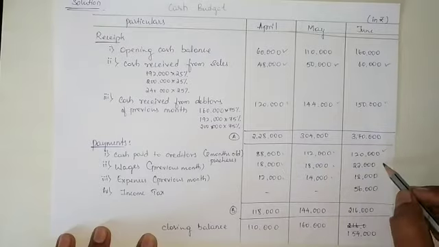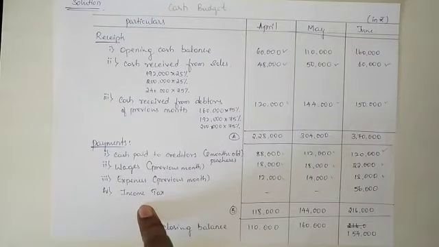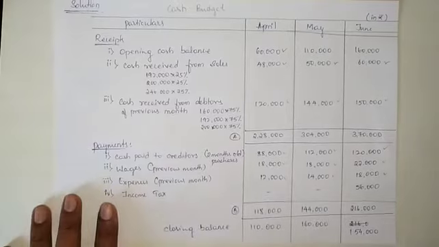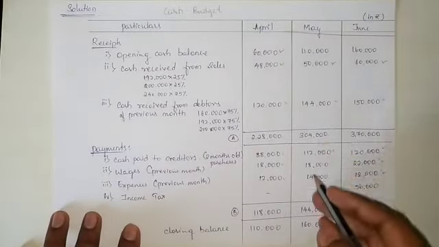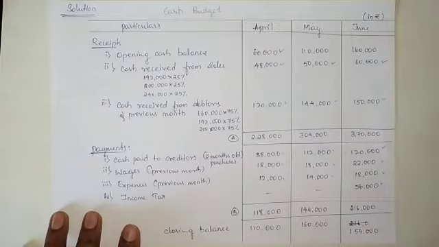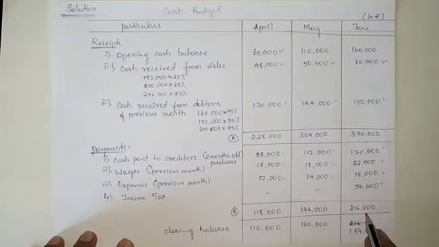And the income tax is paid in the month of June, so that is related to June only. No other information is given for April and May, so only this is recorded. So total payments are recorded here.